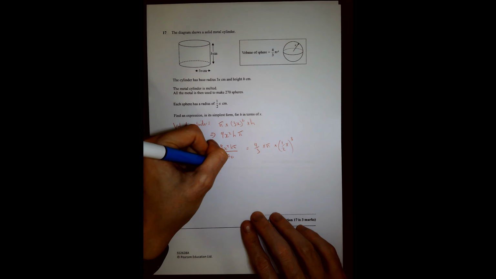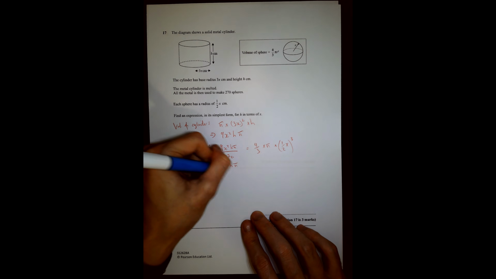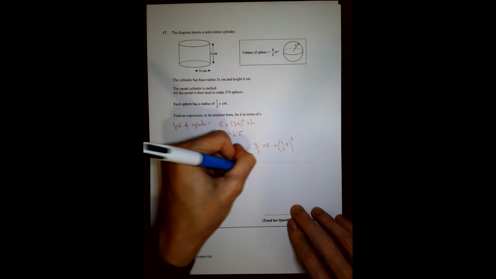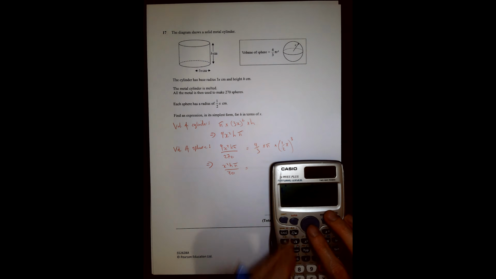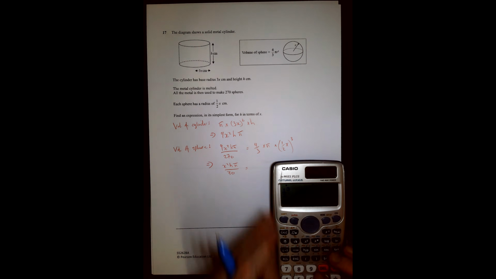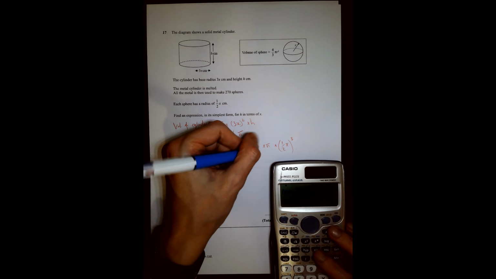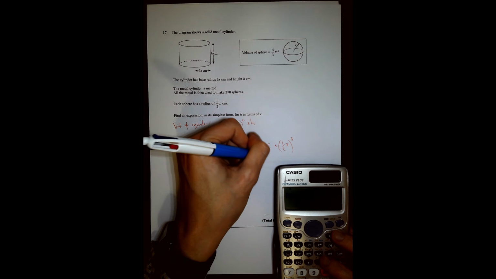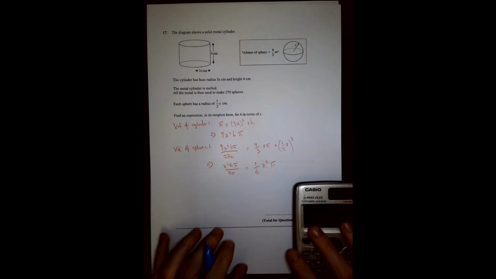So on the left hand side we get x squared h pi over 30 is equal to, now we need to do a half cubed. A half to the power of 3 is 1/8. Times that by 4/3. We get 1/6. So 1/6 x cubed pi.